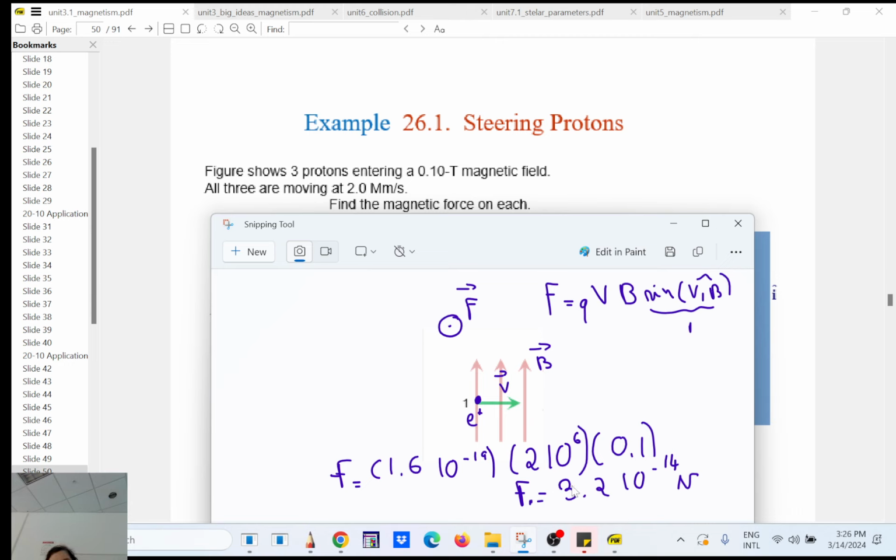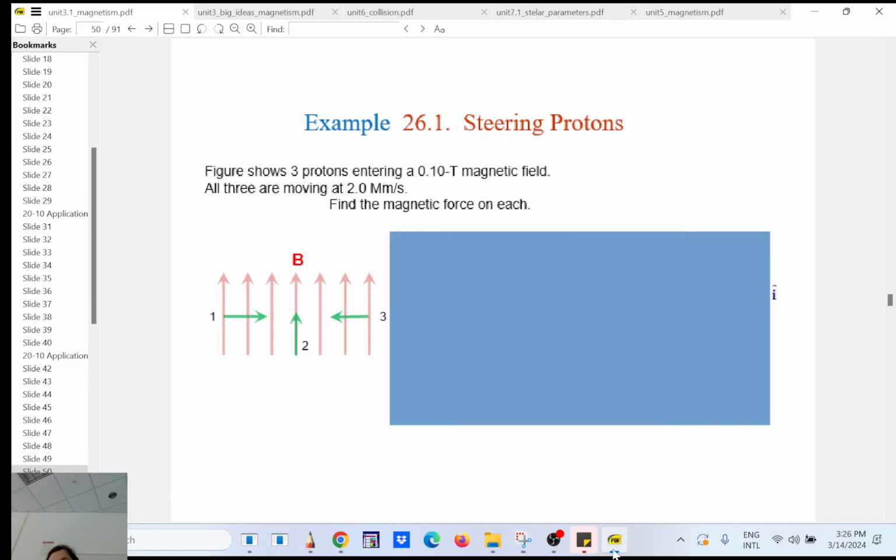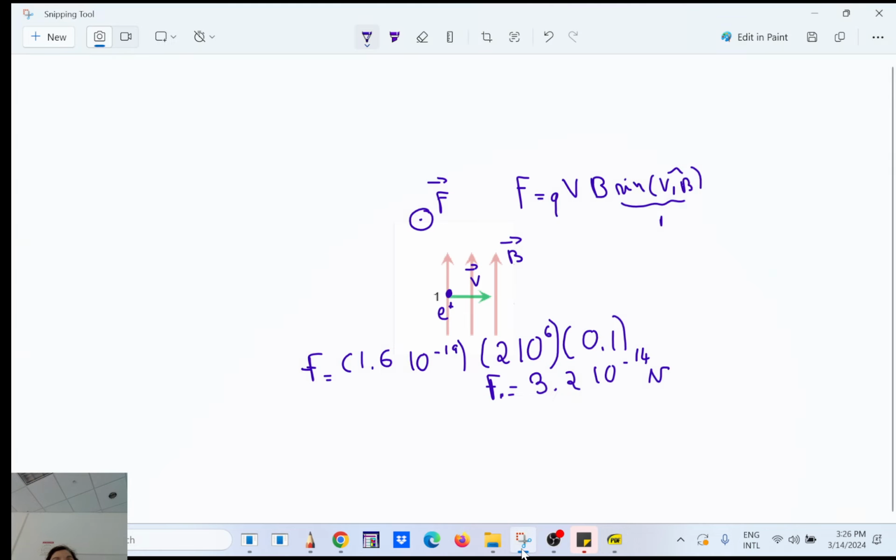Is it for the charge? We don't multiply it by 3, we just use 3 and split it. Yes, no, it goes for each case. What's going to be the force in this case? What's going to be the force in this case? What will be the force in that case? Okay, so the answer is 3.2 times 10 to the negative 14. Do you agree?